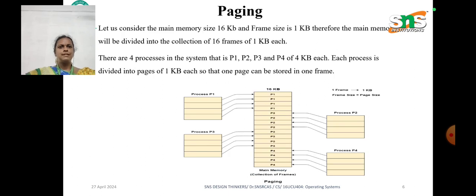So let us consider the main memory size 16 KB and frame size is 1 KB. Therefore, the main memory will be divided into collection of 16 frames of 1 KB each. There are 4 processes in the system, that is P1, P2, P3 and P4 of 4 KB each. Each process is divided into pages of 1 KB each so that one page can be stored in one frame.